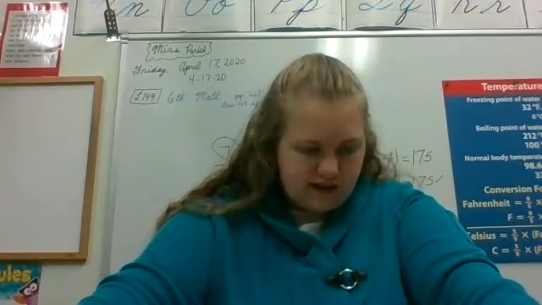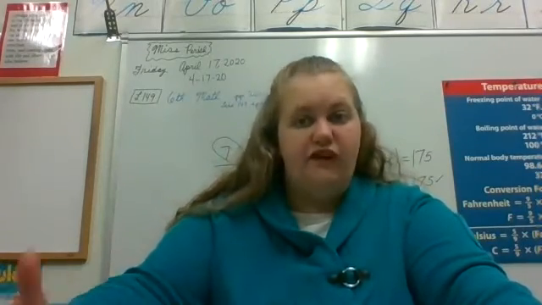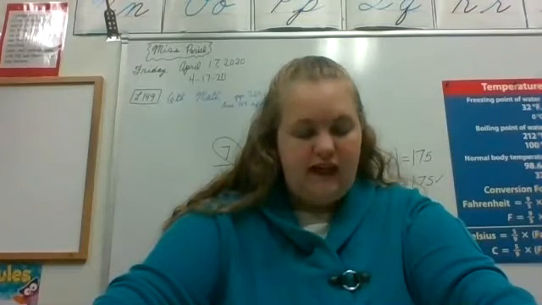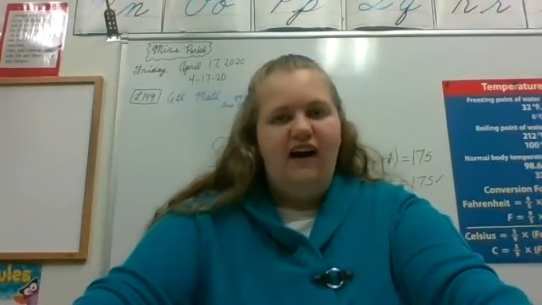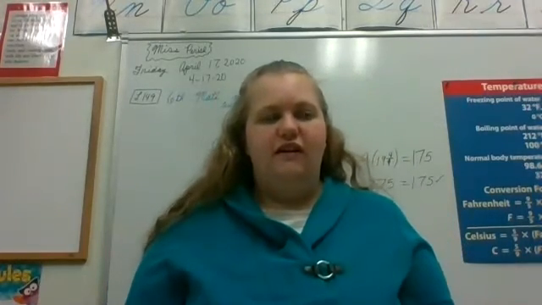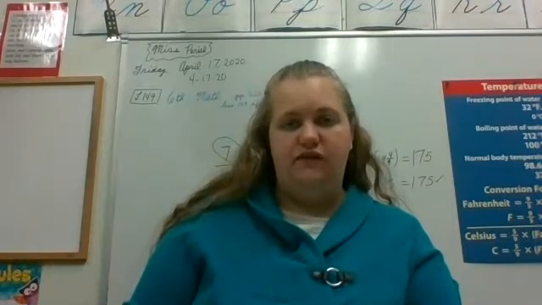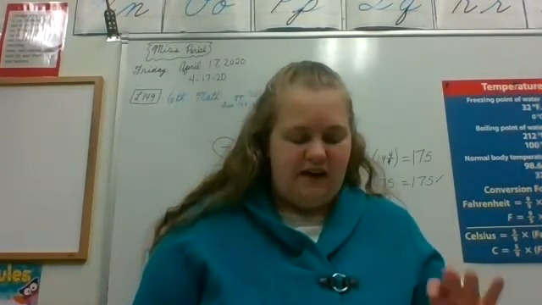So for Celsius, to get from Fahrenheit to Celsius, we start with C. I know that gets confusing. It's a little confusing in my head, so I have to really think through it. But if you're looking for Fahrenheit, that's the letter that's gonna be in the front. If you're looking for Celsius, that's the letter that's gonna be at the front, okay?